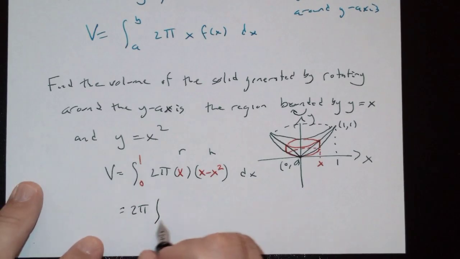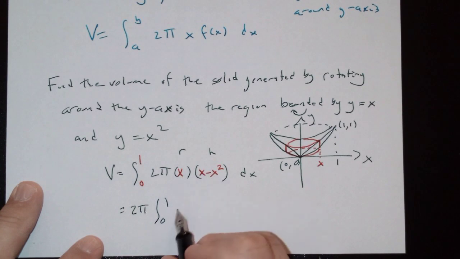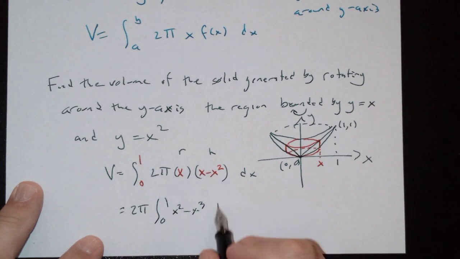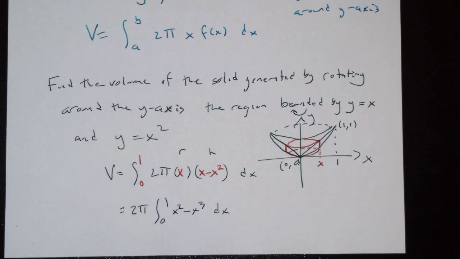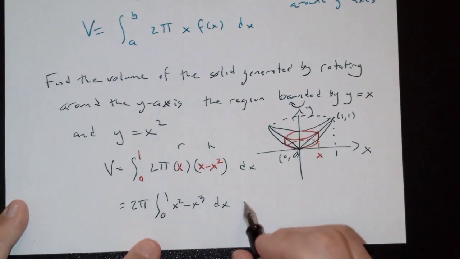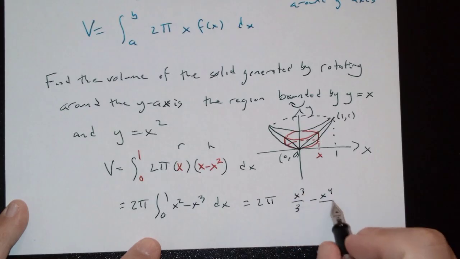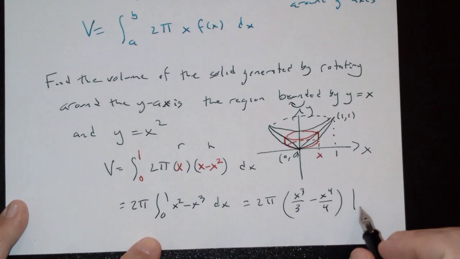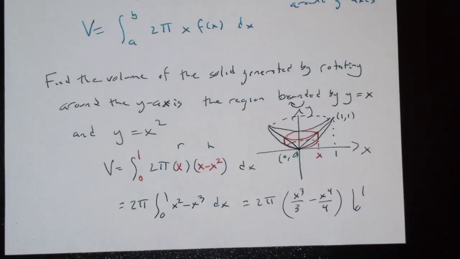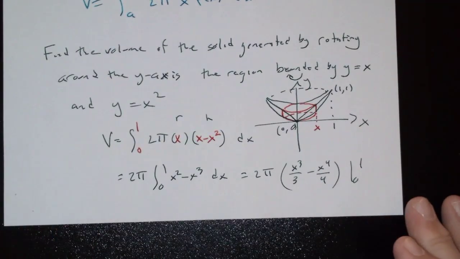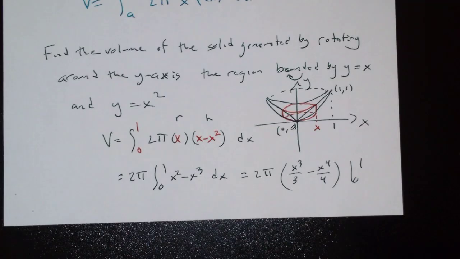2 pi, and from 0 to 1, take the x multiplied in, I get x squared minus x cubed. And now I do the power rule. When I put in 1, I'm going to get 1/3 minus 1/4.